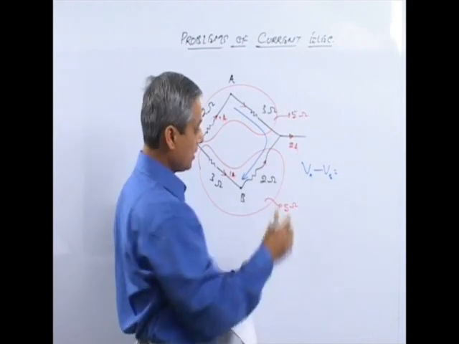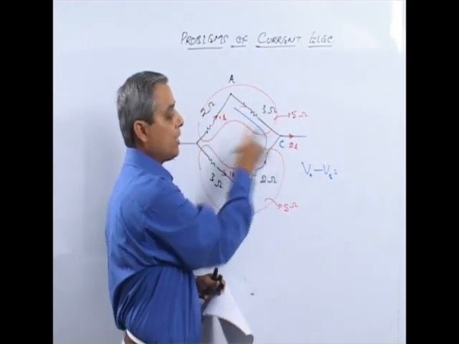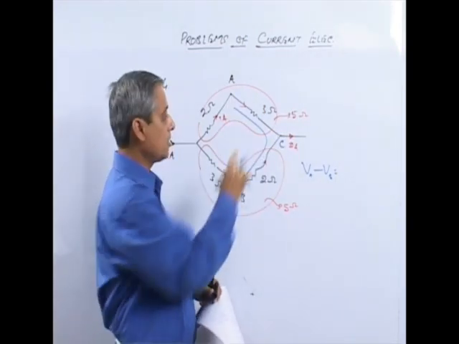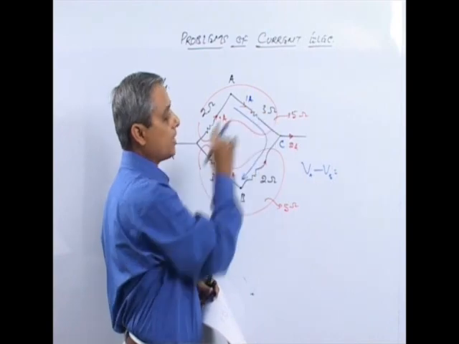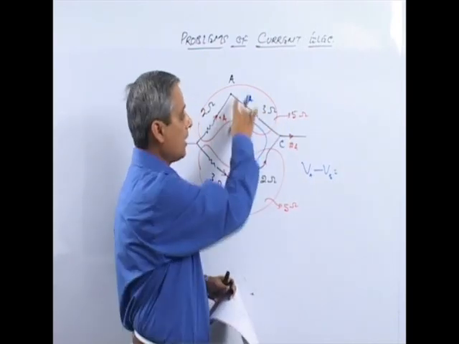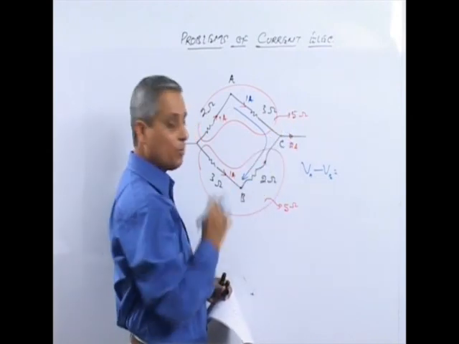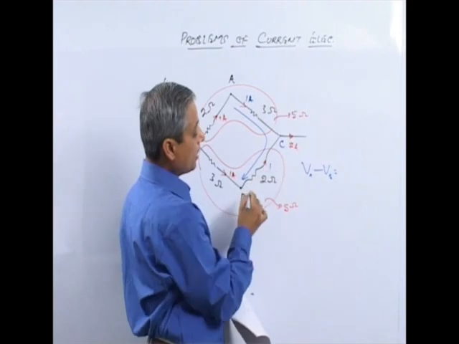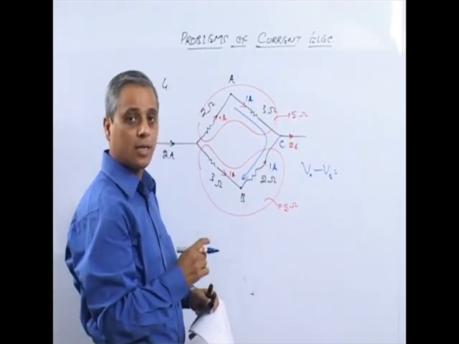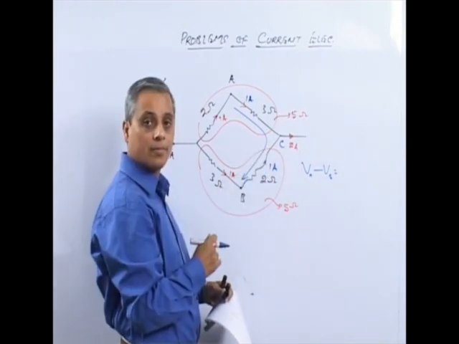This point in the circuit is mentioned C. Now when you travel from A to C, you are traveling in the direction of current, 1 ampere passing through 3 ohm. So since you are moving in the direction of current, there is a potential drop. And then when you are moving from C to B, you are moving opposite to current through a resistance, and therefore instead of potential drop, there is actually a potential rise.